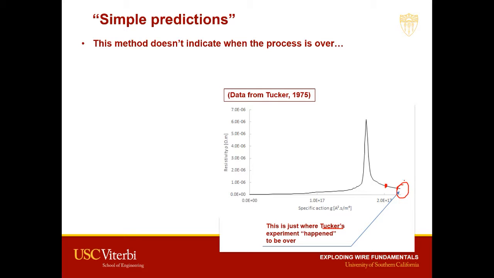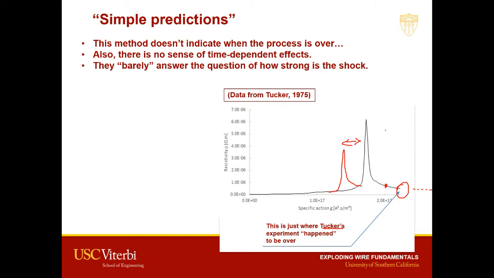So we don't know if our experiment is going to be over here or is it going to go all the way through here, and we don't have any sense of time dependent effects. So we don't know, if we made our experiment faster, whether this peak would be different, or if it would move in the action axis. We don't know because this is just a snapshot of Tucker's experiment.